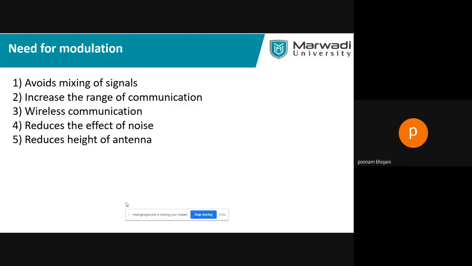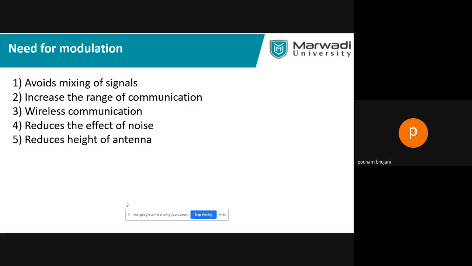But for wireless communication, like mobile or satellite communication, the frequency range will be in megahertz or gigahertz, so it is very high. So whenever you convert your low frequency signal into a high frequency signal, you can use the wireless medium because it supports the high frequency range. Wireless communication will be possible if you increase the frequency of the signal.